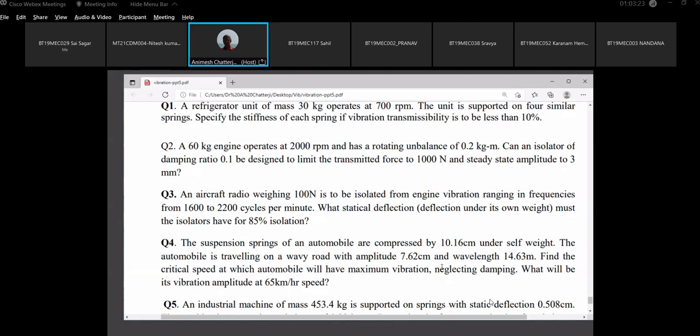So are you getting more than the road waviness amplitude, or how much are you getting? 20.18, more than. Yes, sir, 20 centimeter. Let me wait for one more answer. Damping is 0, so transmissibility is 1 upon modulus of 1 minus r square.